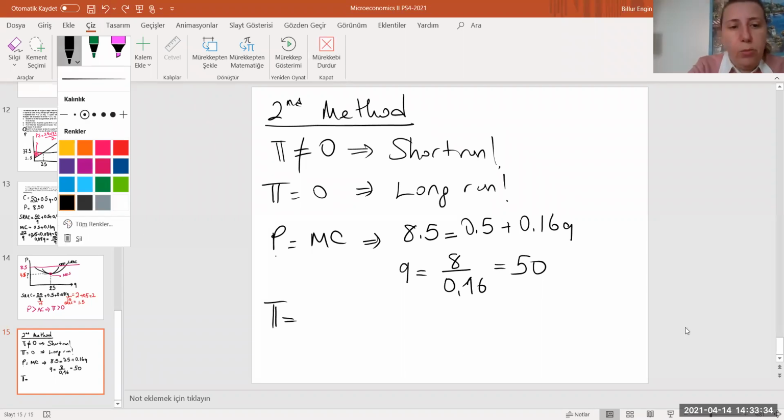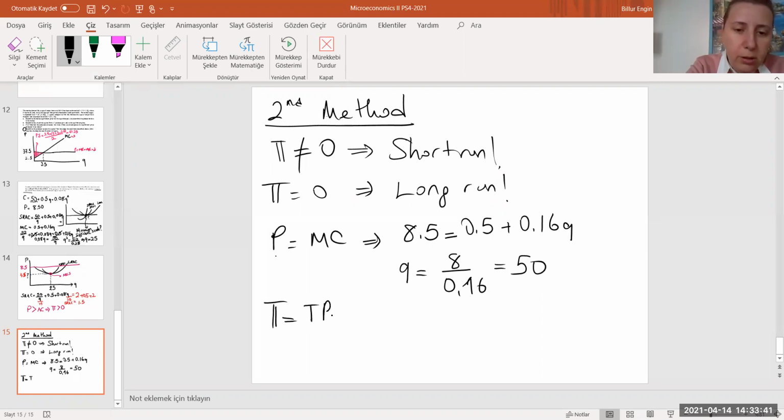We are not at the minimum point, so we cannot use that value. That's why. So the profit is total revenue minus total cost. So total revenue is price times quantity. Price is 8.5 times 50.